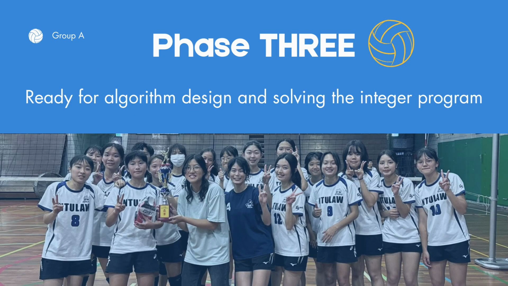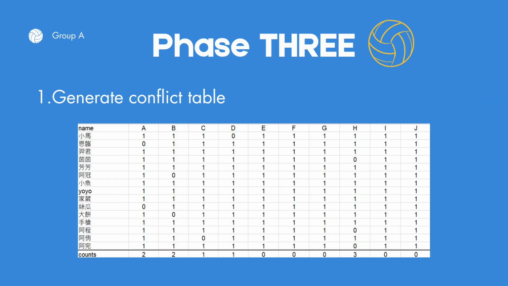Now we are ready for algorithm design and solving the integer program. This photo shows a generated referee conflict table. This makes sure referees don't officiate matches involving teams from their own department group. If a referee is eligible to referee a group, we mark that as 1, meaning they can officiate.